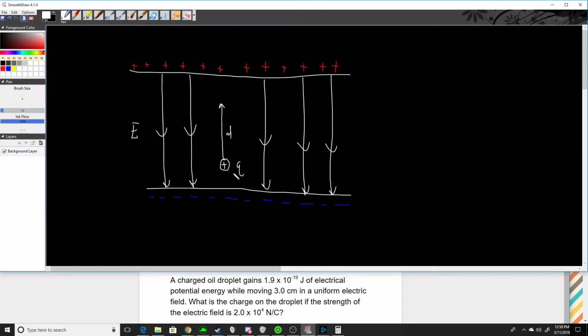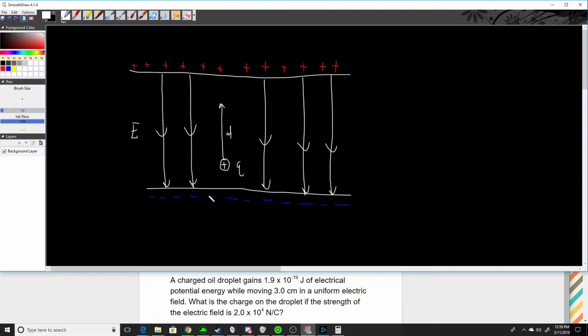I know that that's going to increase the potential energy, because essentially if I just dropped my positive charge there, it's going to move that way. It's going to move with the field, away from the positive towards the negative, okay? But in this case, I'm not talking about that. I'm actually moving a positive charge closer to the positive plate up here. So I'm going to increase my electrical potential energy, because once I move this positive charge up this way, if I let it go, it's going to move back down towards the negative plate.